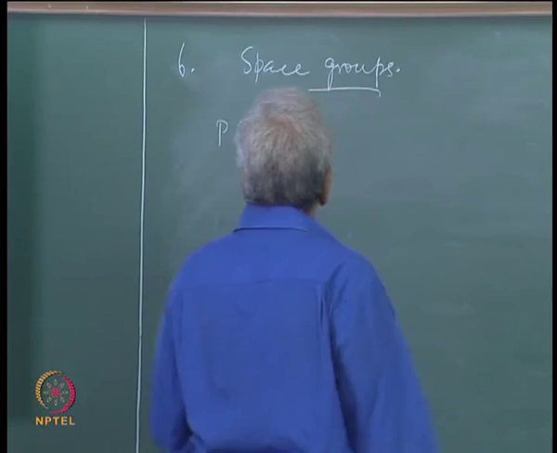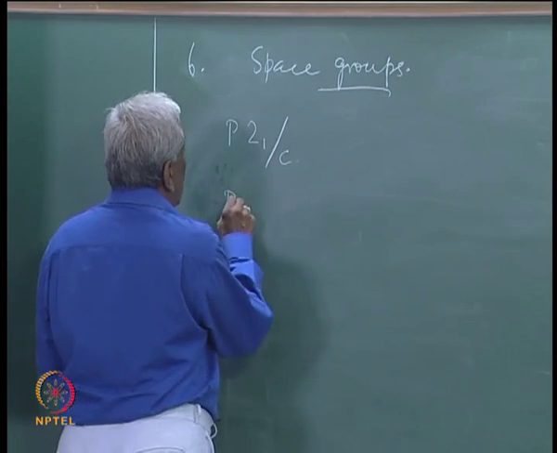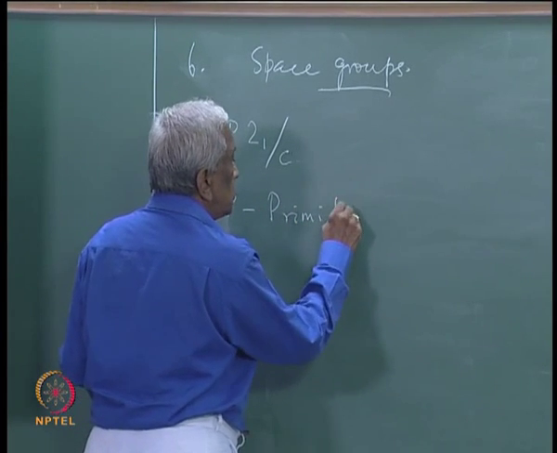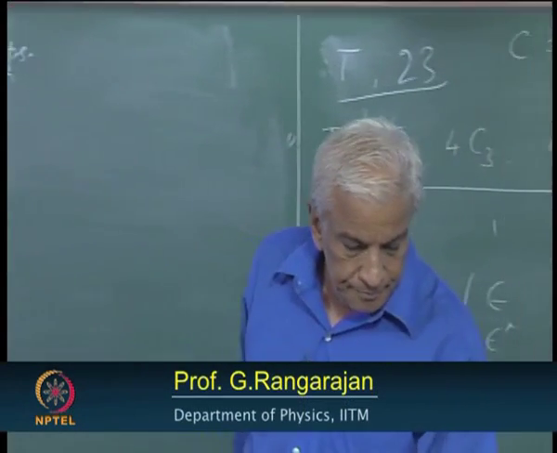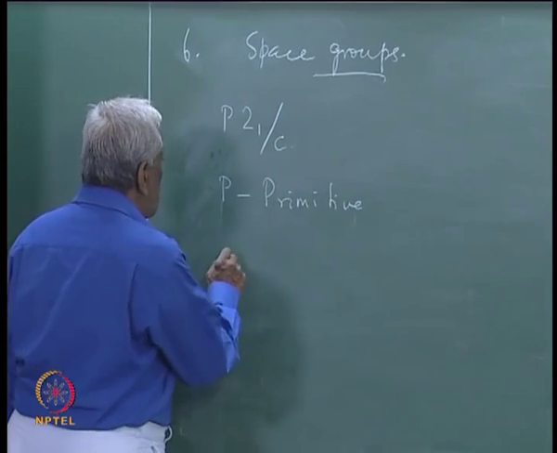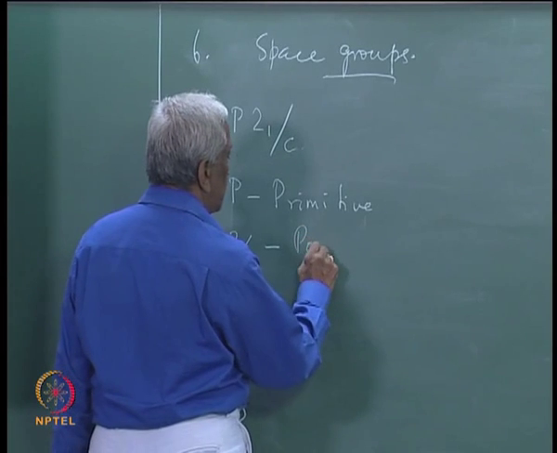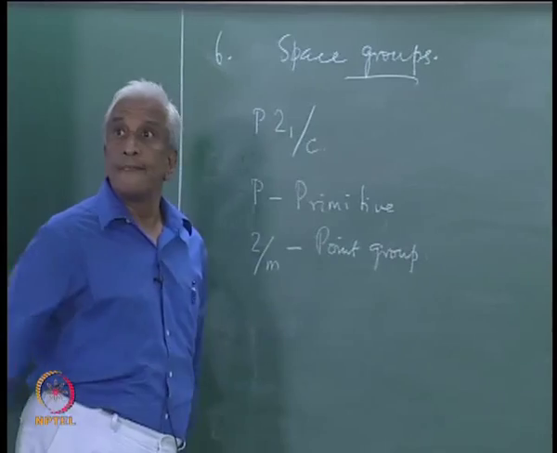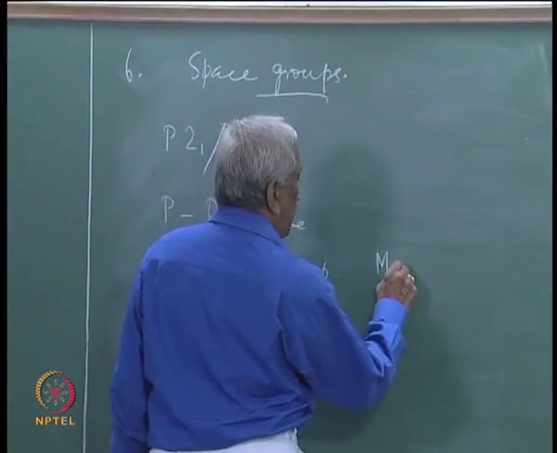As we already explained during the lecture, the P stands for a primitive crystal lattice with one atom in the unit cell, and the isogonal point group 2/m is the point group symmetry of the space group, which means that it is a monoclinic crystal lattice.